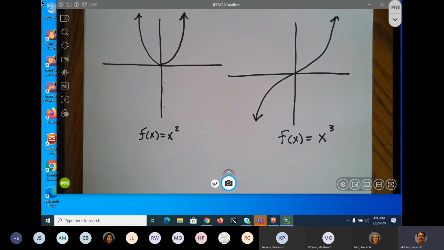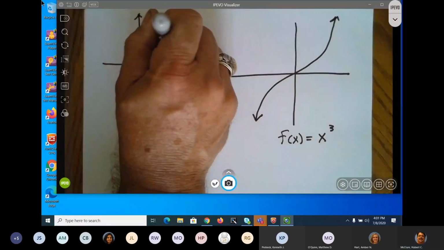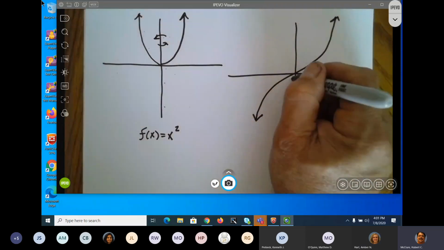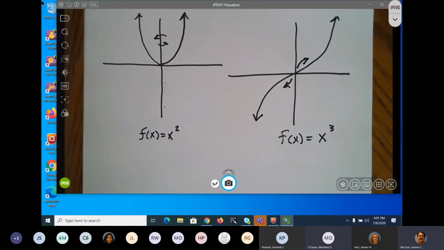So one is even, that means it's symmetrical around the what? Y-axis. And one is odd, meaning it is symmetrical around the origin. Is that important? Yes.